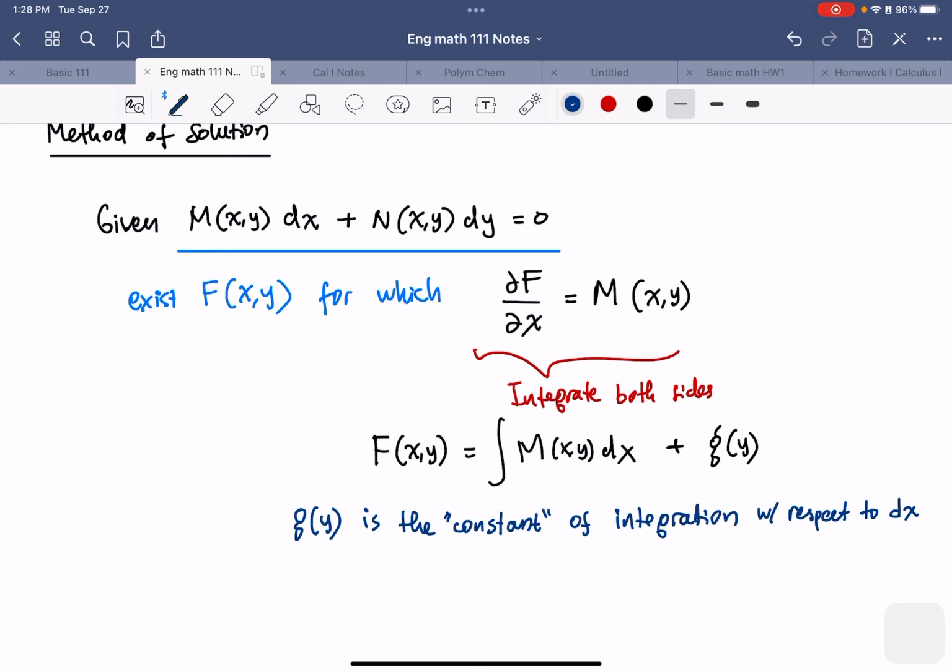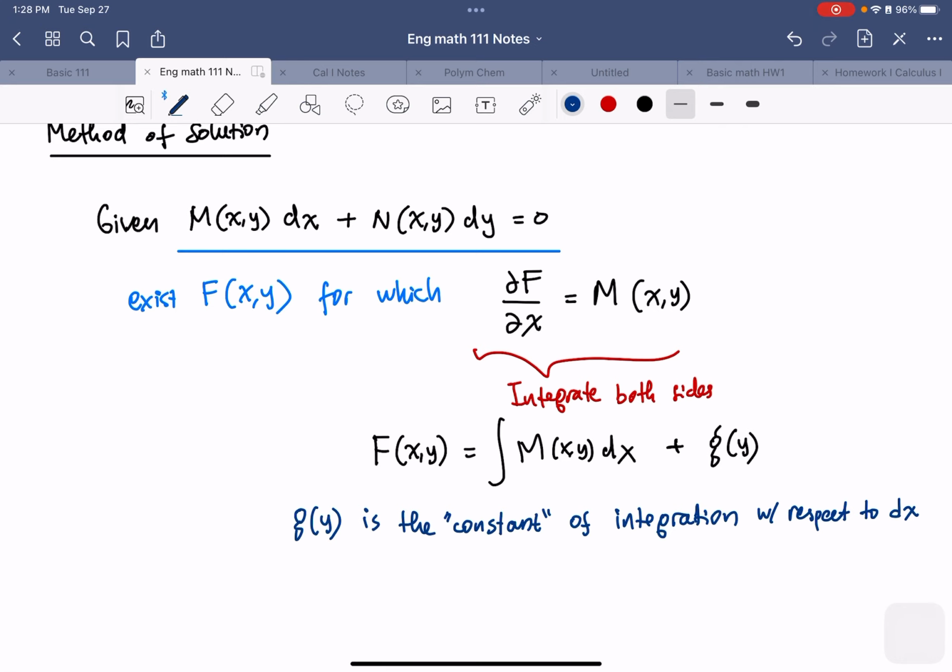So when we have this F, which is a function of y as well, we can confirm: if we partially differentiate this with respect to y, it should be the same as the other part. That's the idea of this exact equation.